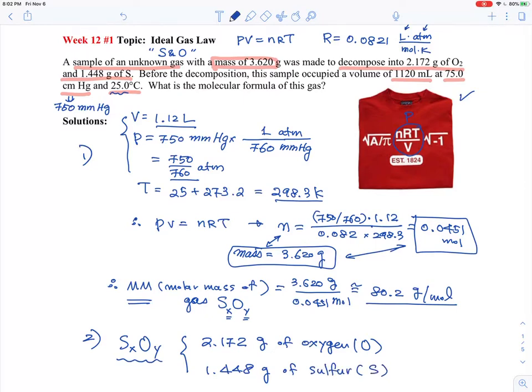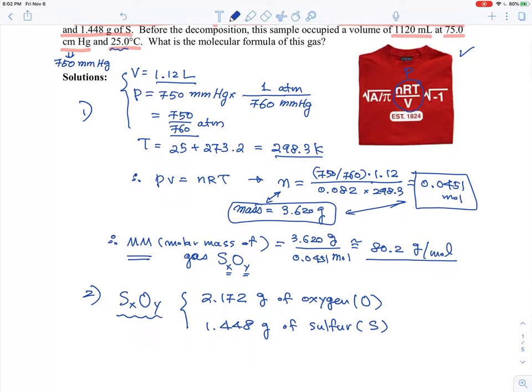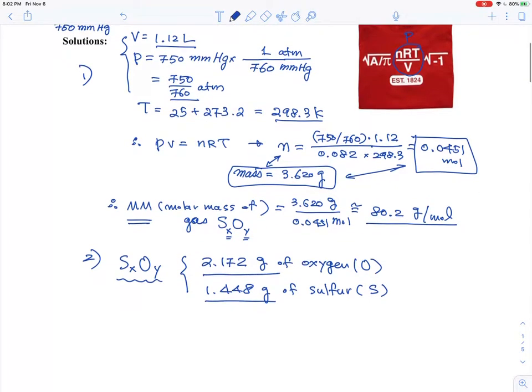So then, instead of dealing with a mass ratio, I want to go from mass ratio to mole ratio. That's what I want to figure out.